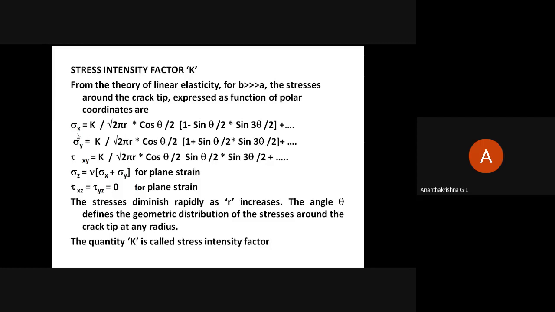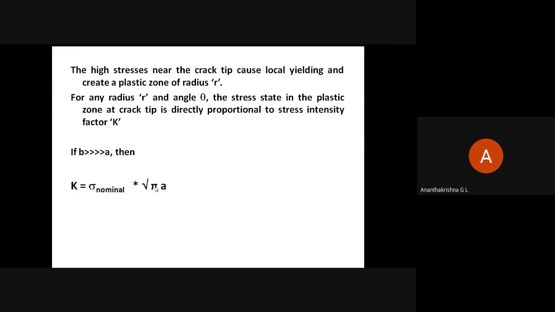Or stress will come down as r increases, right? So that is the radius, right? Next, we learned about stress intensity factor K, which is given by nominal stress multiplied by root of pi a, where a is the crack length.